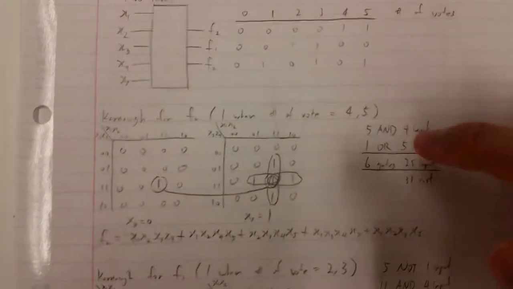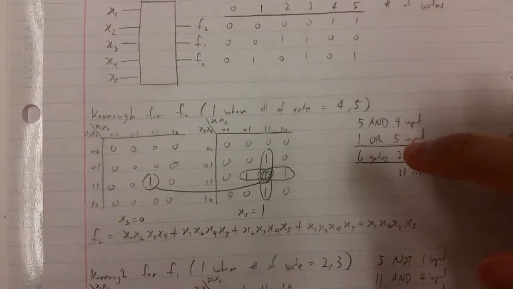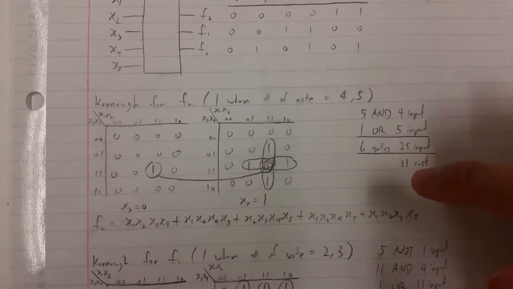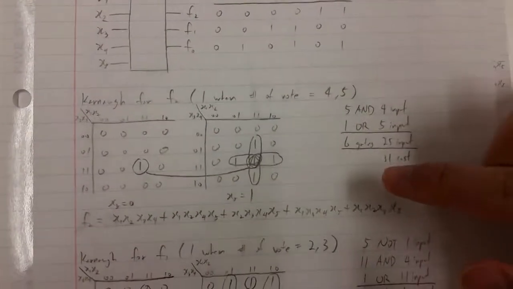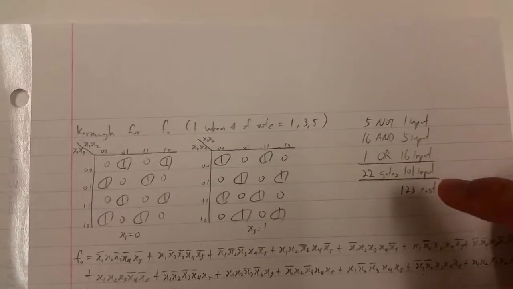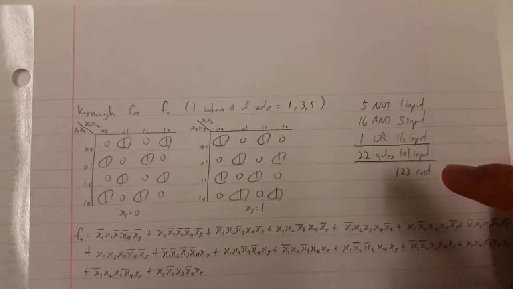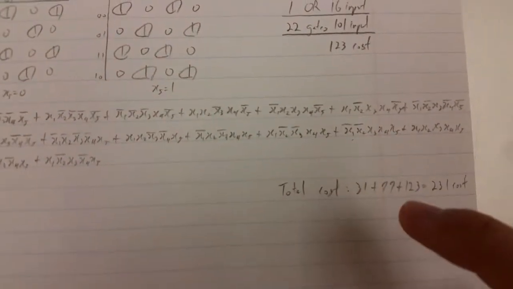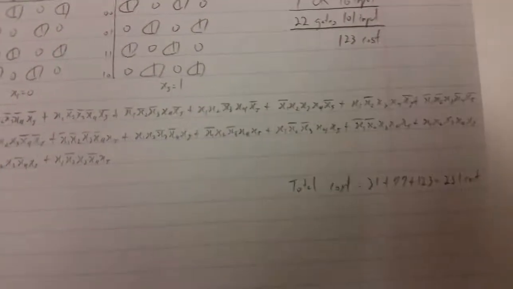So f2 has 5 AND gates with 4 inputs, 1 OR gate with 5 inputs, 6 gates, 25 inputs, which means it has 31 cost. So I did the same for f1 and f0, which cost a lot because the SLP form was very long. So the total cost by adding all the terms was 231.